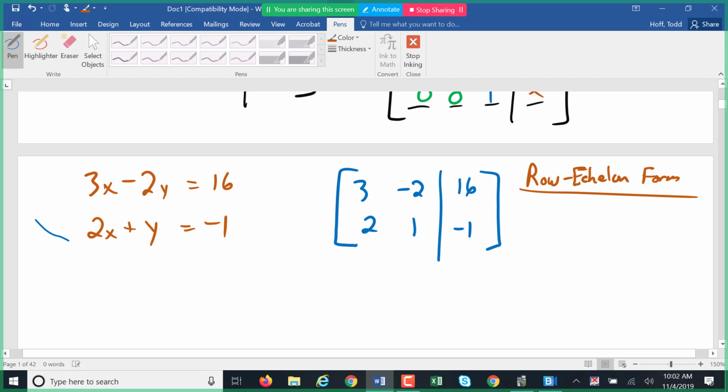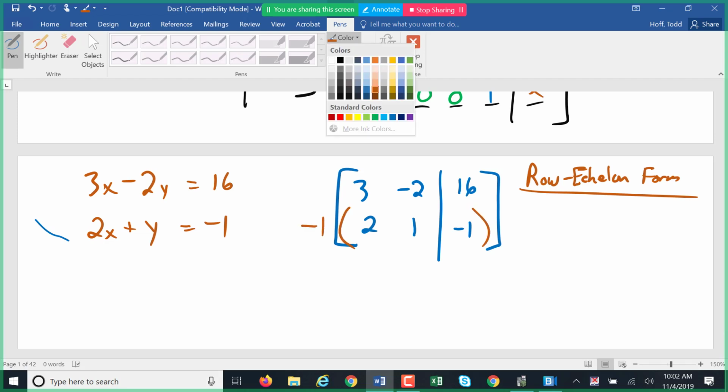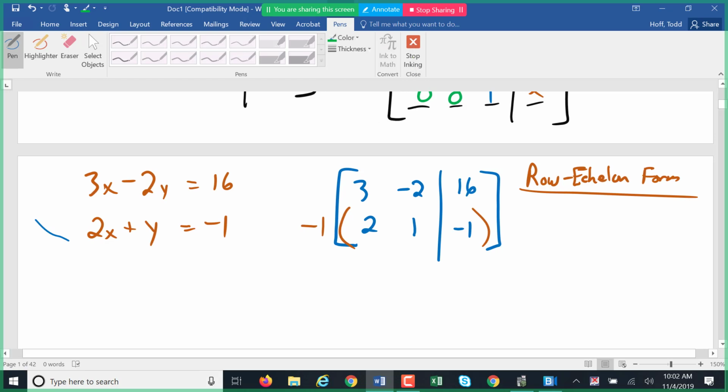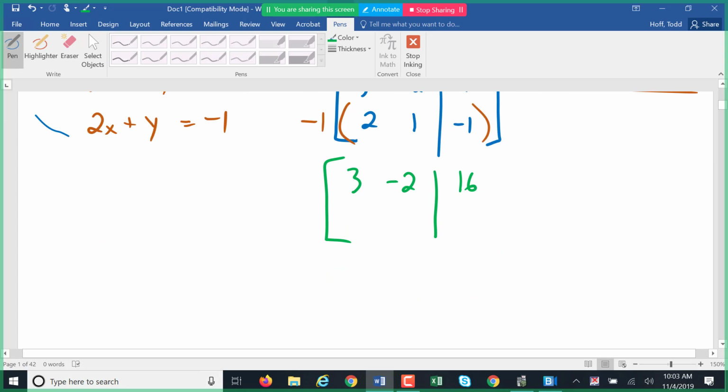So the first thing I'm going to do here is multiply the bottom row by -1. Now we have the matrix. The top row is not affected, 3, -2, 16. The bottom row becomes -2, -1, +1.